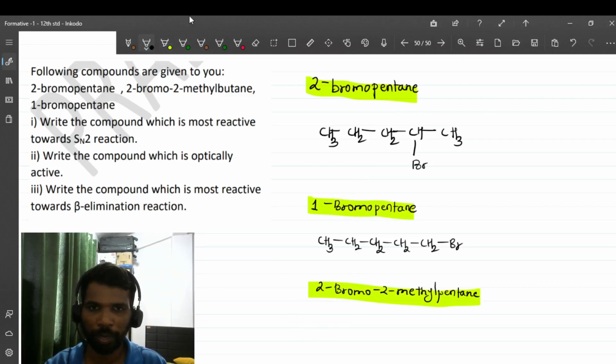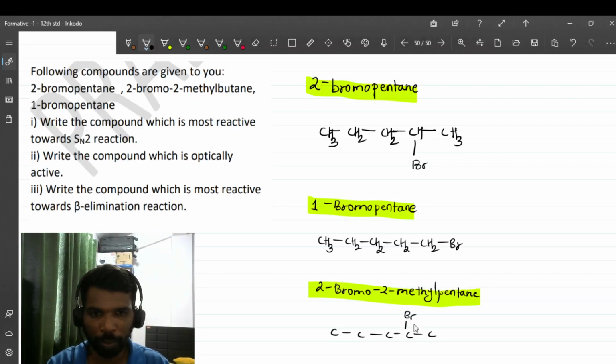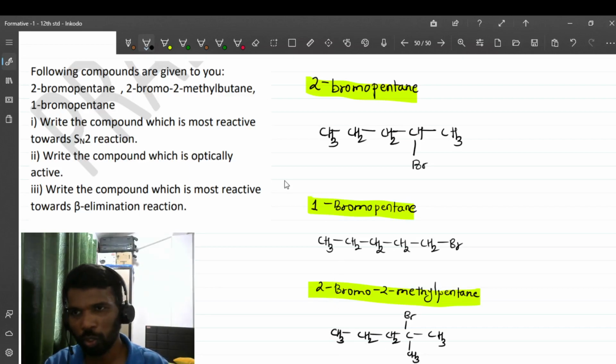So 1, 2, 3, 4, 5. Let's consider this to be the second carbon. I am writing Br and 2-methyl. Here it is a methyl group, CH3. Here there are two hydrogens, and this.